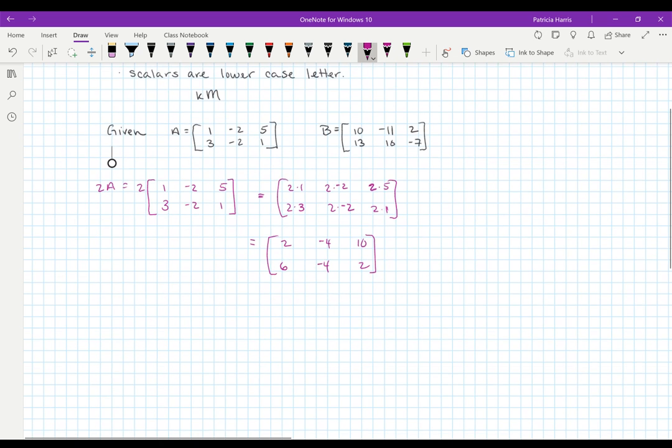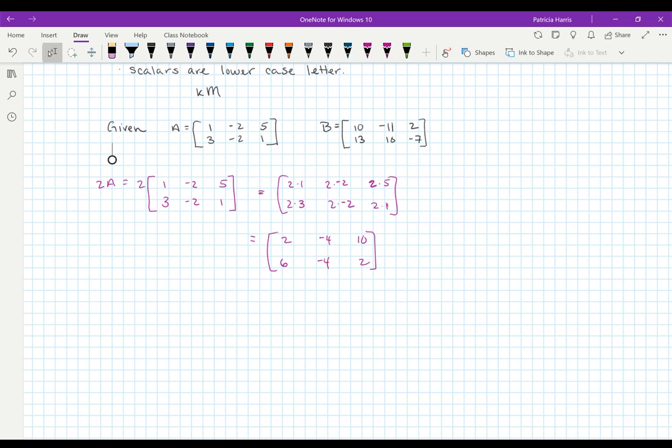Okay? Now, to make it a little bit more interesting, we could do stuff like this. We could go -4 times B. So -4 times matrix B. And you can do this in your head.